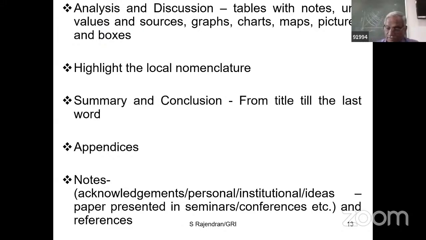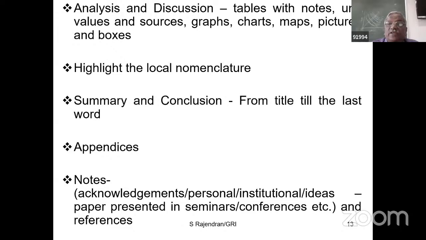But now the orientation has been changed, and we use photographs, and also we use boxes to explain various issues in the text.